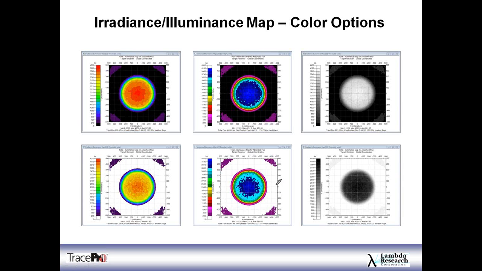These can also be done on a white background or a black background. A lot of times this is just user preference. How do you make the map look the way you want it to look? I should mention, all of these options are available by selecting the Irradiance Illuminance map options when you're in the Irradiance or Illuminance map in TracePro. Just right click and you can bring up the options menu like that.